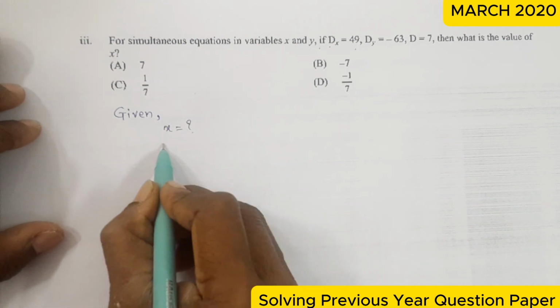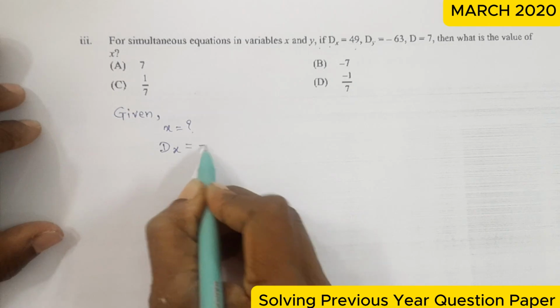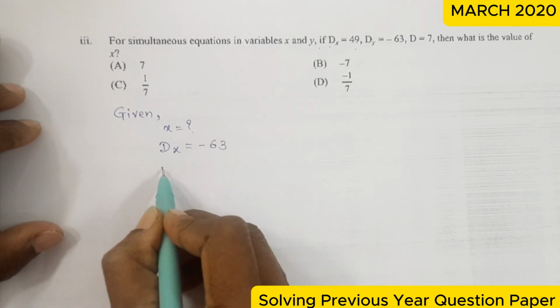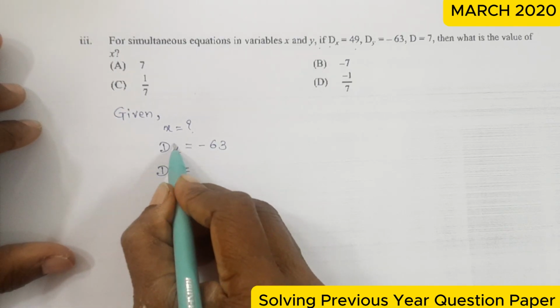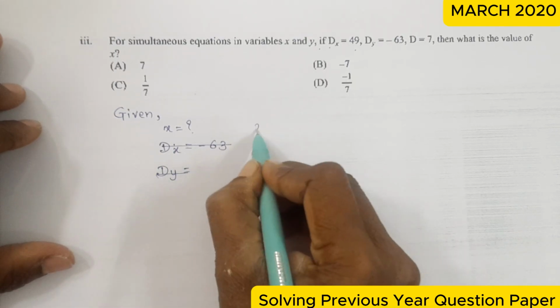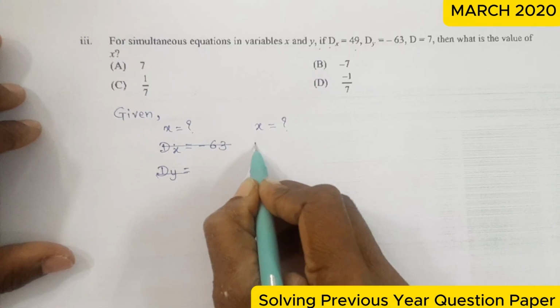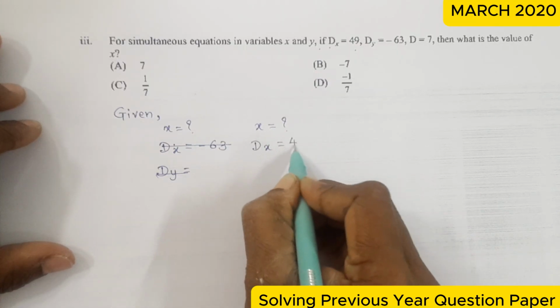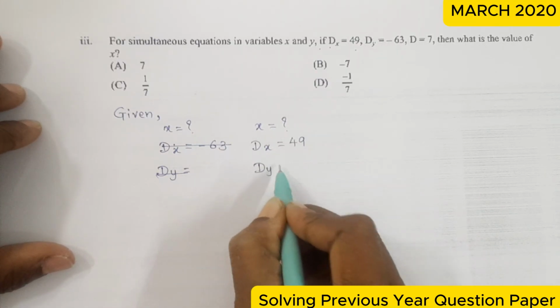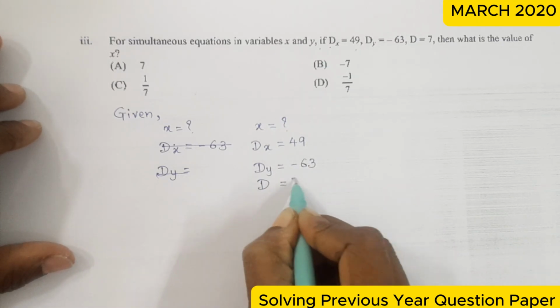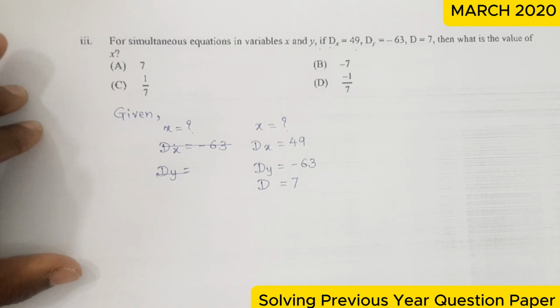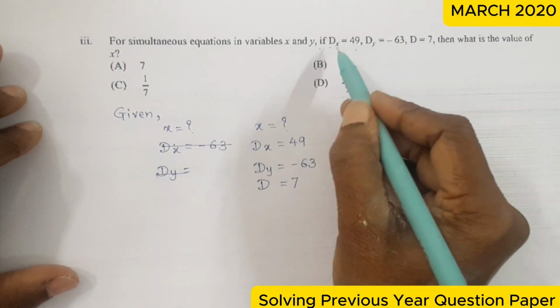The given is x is equal to question mark, D of x is equal to 49, D of y is equal to minus 63, and D is equal to 7.